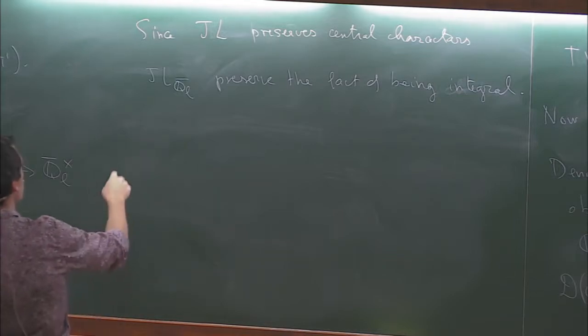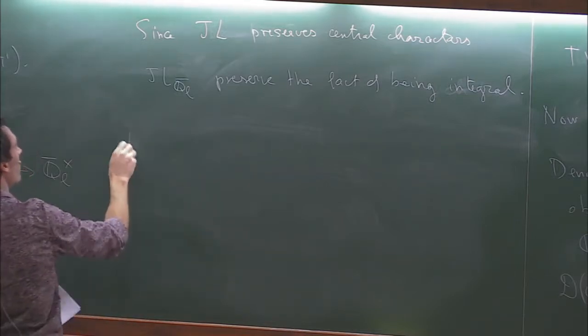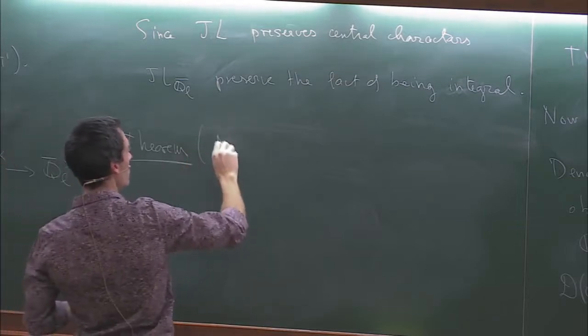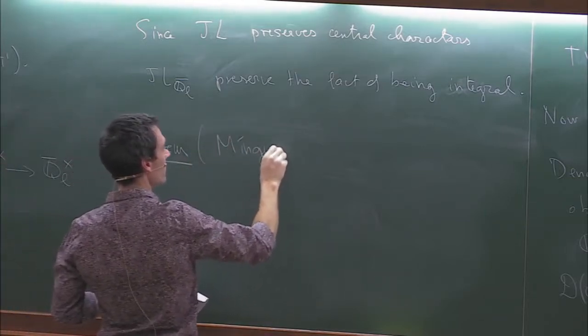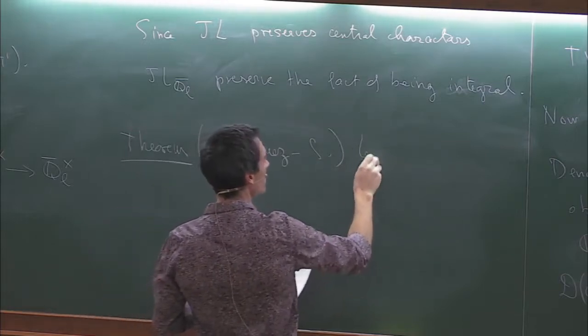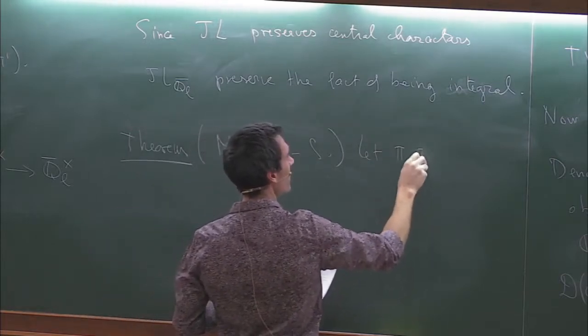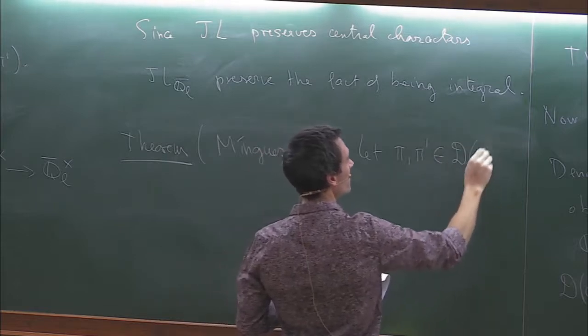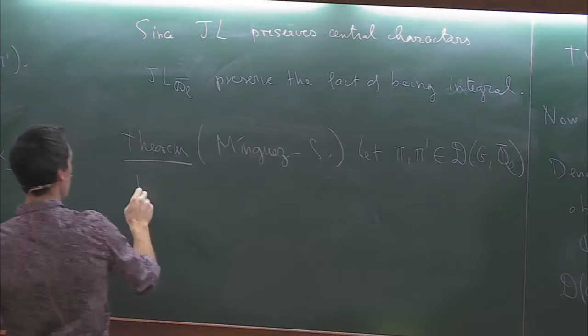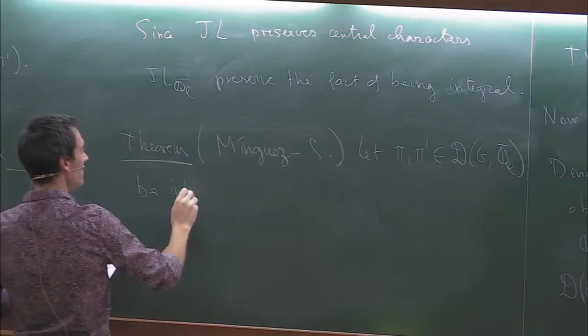So now I can state the following theorem, which is due to Alberto Mínguez and I. Let pi and pi prime be two representations in D(G, Q_L bar), and assume that they are integral.